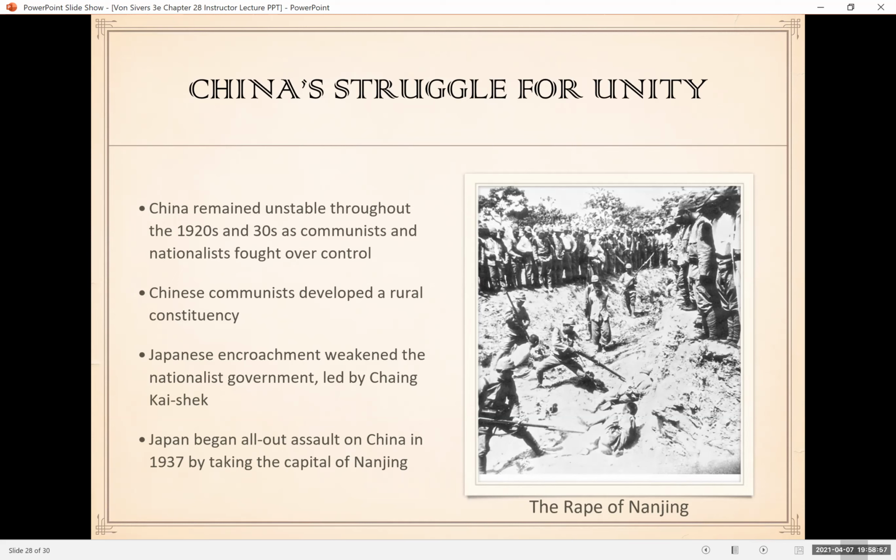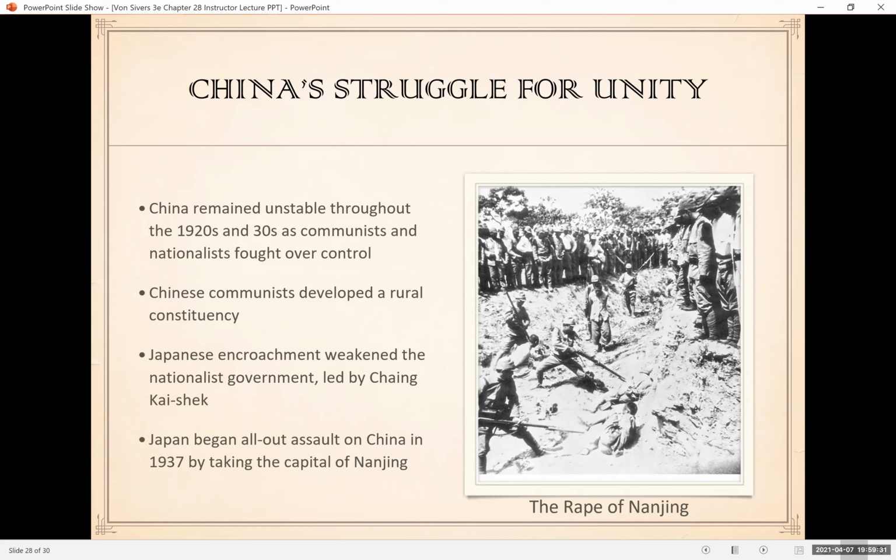China's fighting between the nationalists and the communists is going to go on throughout the 20s and 30s. Japan is going to encourage this fighting because it made China weaker. The communists are going to have most of their support in rural areas because they promised land redistribution so that peasants would finally get their own land.